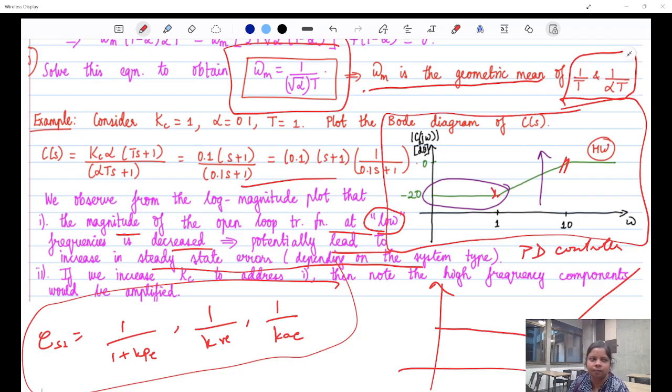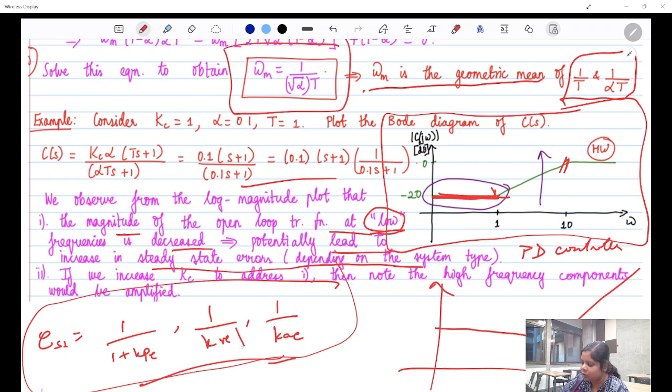Step, ramp and parabolic input. So when all of these are provided, this is the steady state error. From here, you can see that since this value is really low, in the beginning, at lower frequency, the value of the gain is really low, which means it leads to an increase in steady state error.